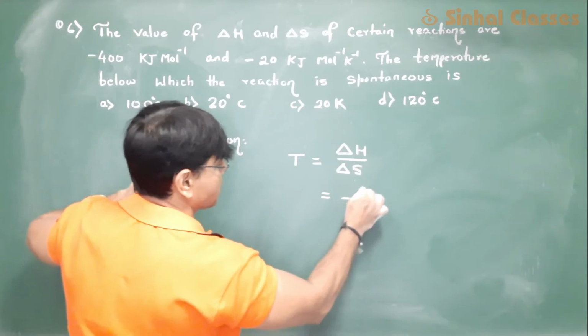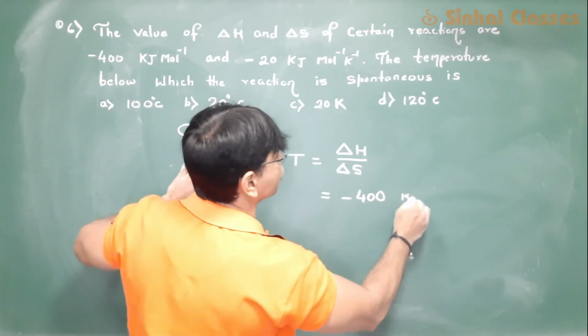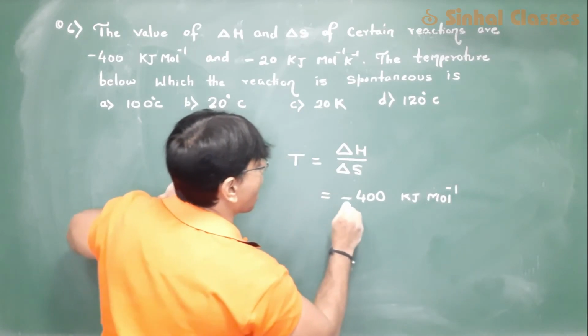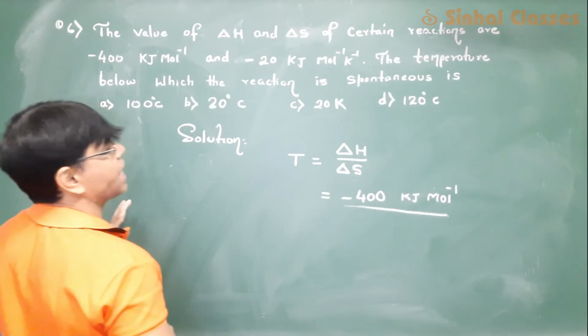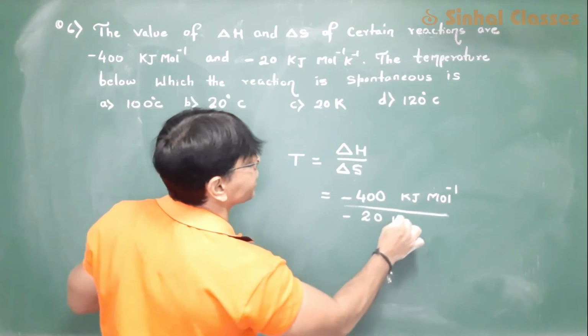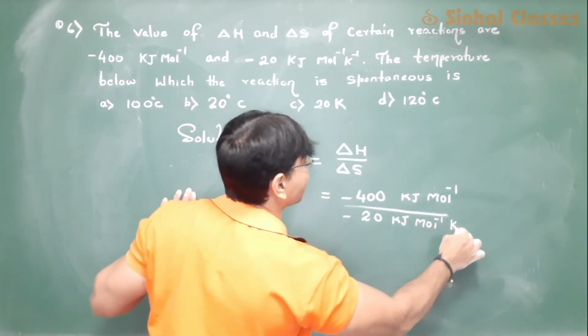Delta H is given as minus 400 kilojoules per mole, and delta S is given as minus 20 kilojoules per mole per Kelvin.